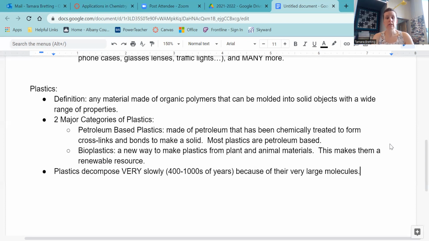Okay. This is kind of similar to if you think about when you eat. If you eat simple things, simple sugar, they get into your system like that. The simpler the substance that you're eating, the faster your body can break it down and process it. If you eat more complex things, proteins are a lot harder for us to break down and process. Fats are easier than proteins, but they're not as easy as sugars. They're harder for us to break down.